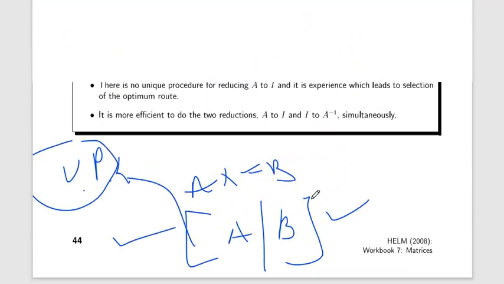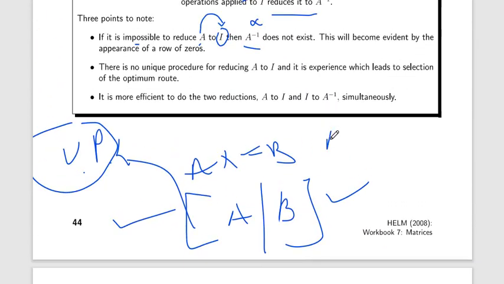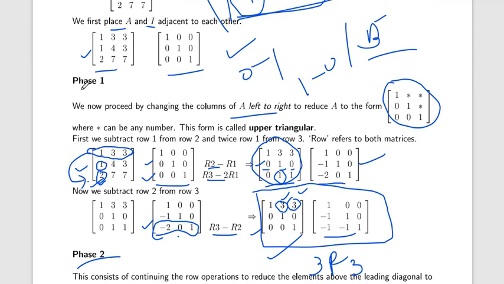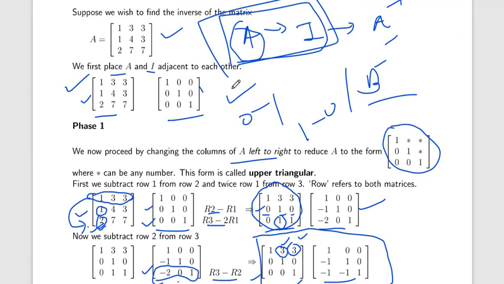You get the idea? First of all, this is matrix A, and with some row operations we transform it into the identity. If the same sequence of operations is applied to the identity matrix, it will reduce to the inverse of the matrix. Why? Because A times A inverse is equal to I, and A inverse times A is also equal to I. So this is the first matrix A, and this is the identity matrix.